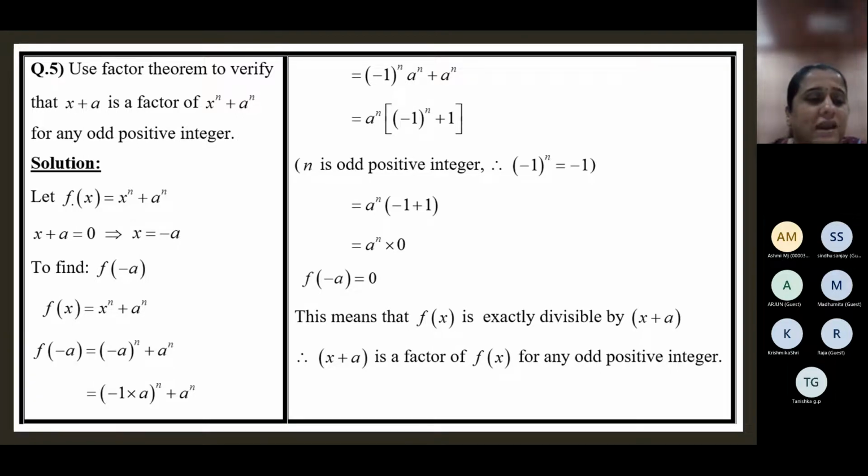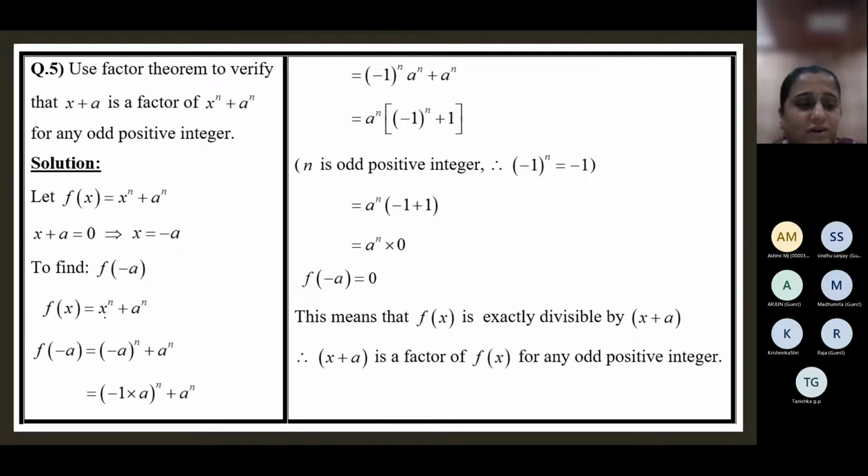Now see here, let f of x be equal to x power n plus a power n. Then x plus a is equal to 0, x is equal to minus a. Now we have to find f of minus a. So what is f of x? f of x is x to the power n plus a to the power n. I've just written it again. How do you find f of minus a?